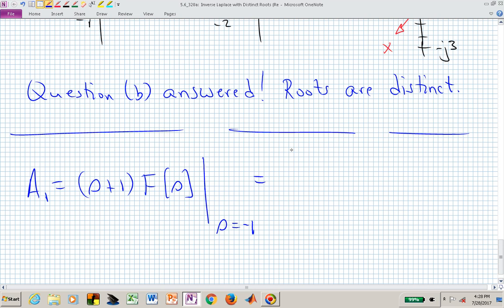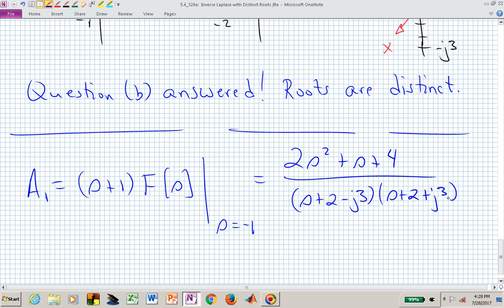So now we have 2s squared plus s plus 4 all over s plus 2 minus j3, s plus 2 plus j3. And again, we're evaluating this at s equal to minus 1.